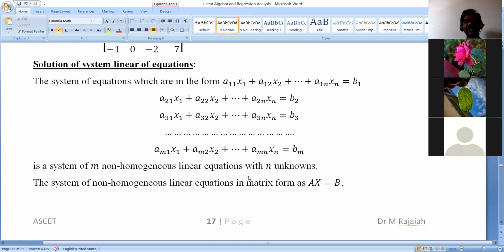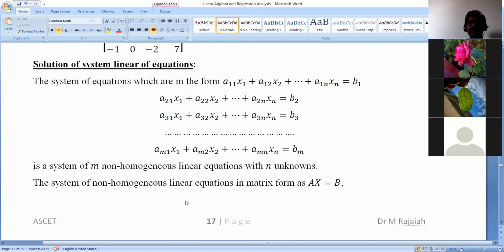In the same way, the third equation is a31x1 plus a32x2 plus a33x3 plus so on plus a3nxn equal to b3, and so on. Continuing this process up to m equations, we have am1x1 plus am2x2 plus am3x3 plus so on plus amnxn equal to bm. So here these are m equations with n unknowns, a system of m non-homogeneous linear equations with n unknowns.